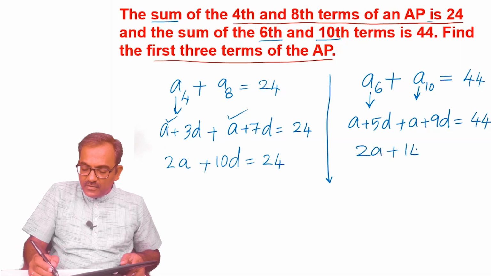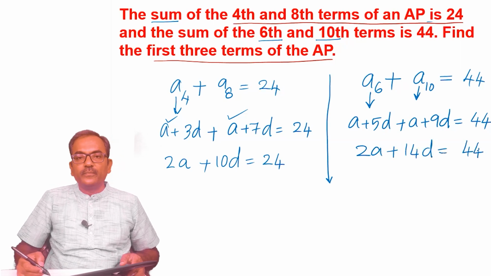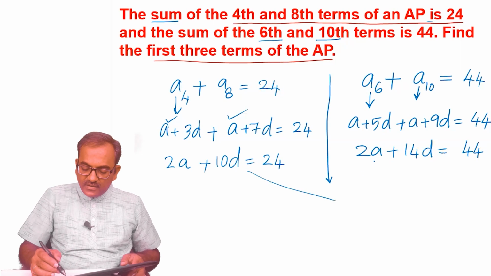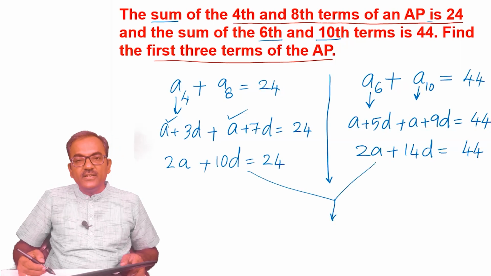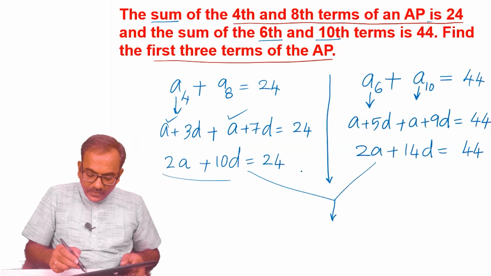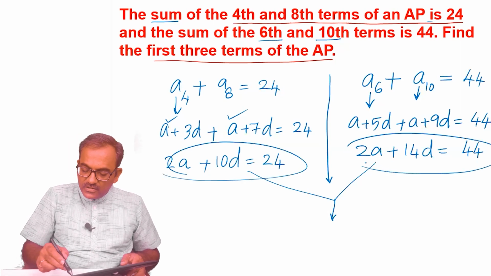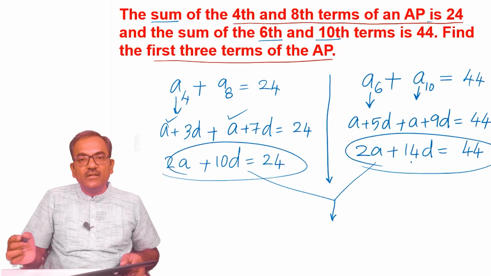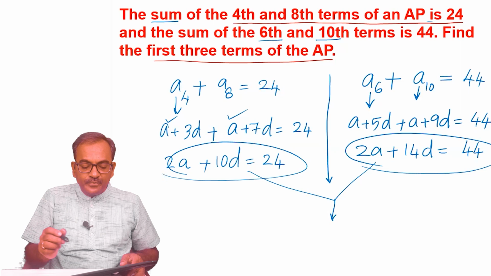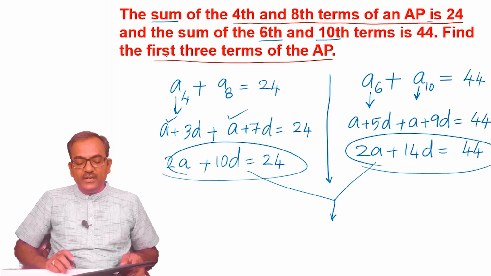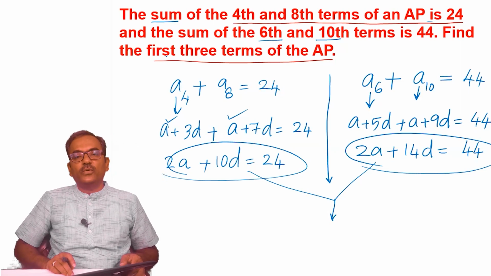So 2a plus 14d is equal to 44. Now these are the 2 players which we need in this game. Let me solve these 2 simultaneous linear equations to determine the values of a and d, and at last I need to find the first 3 terms also.